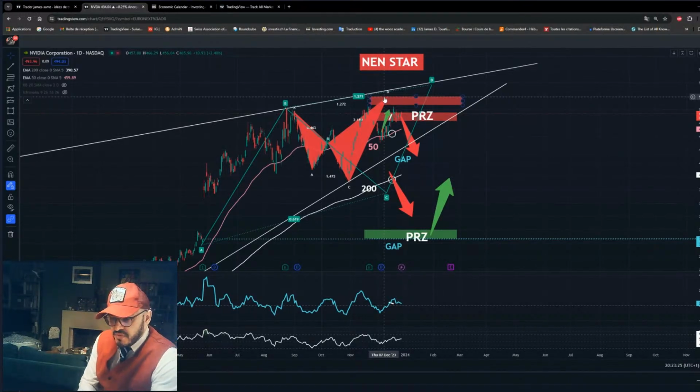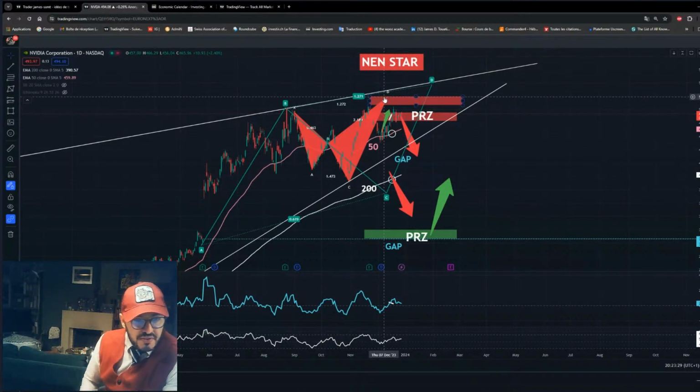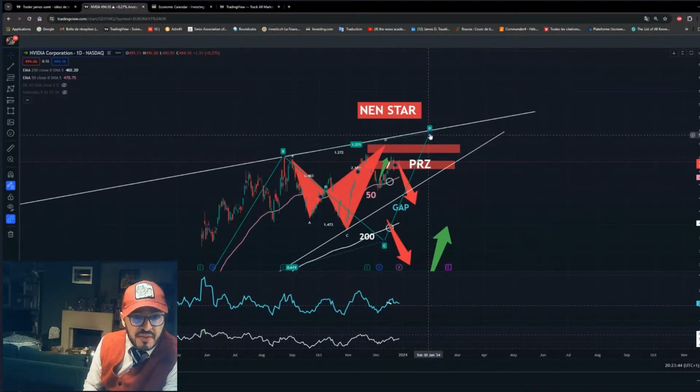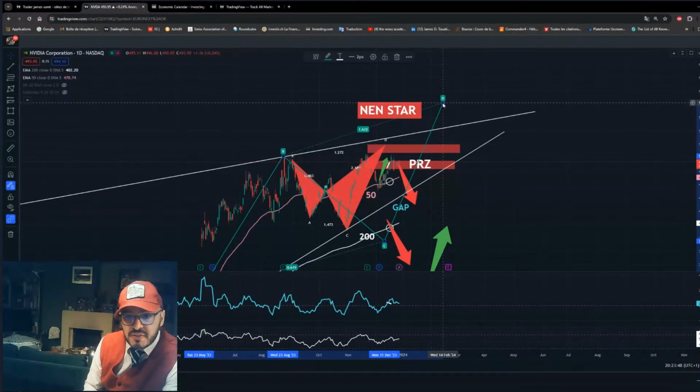We can go upper because it's not an ATH. We can reach these levels, for example 519, or at the maximum, and it's not a maximum, sorry, 537. But the maximum, if we break this line, could be 582. So be careful.